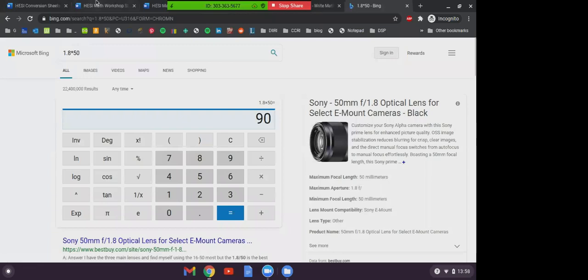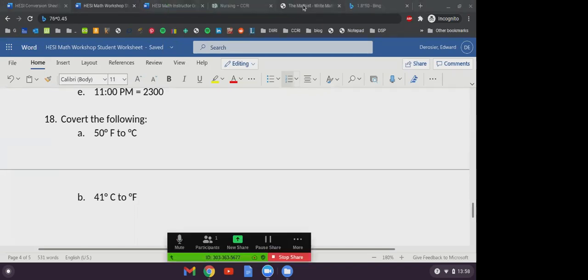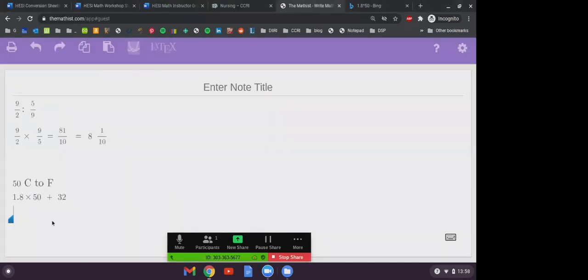Well, actually, it's not 50 Celsius, right? It's 50 Fahrenheit to Celsius. So I think I wrote that backwards, which is why I'm confused. It's 50 Fahrenheit to Celsius.